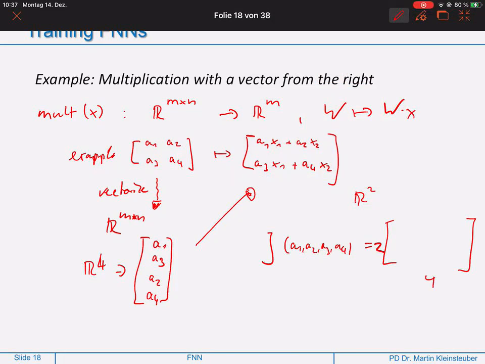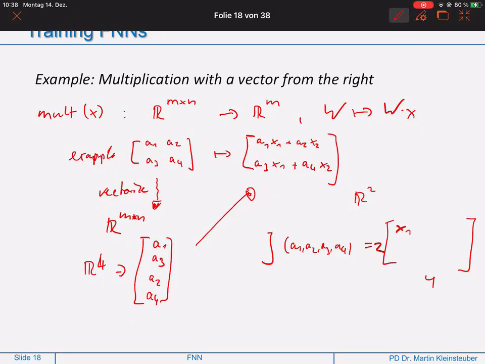Because it maps a vector from R4 to R2. The first variable derived with respect to the first variable, a1, is x1 here.